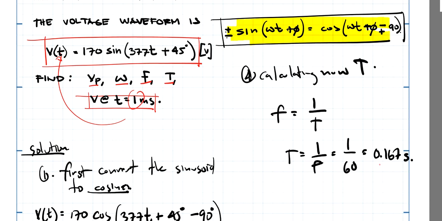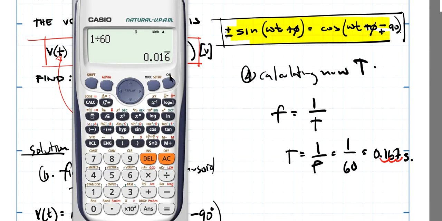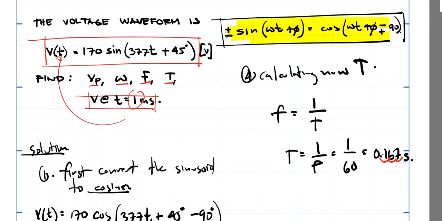If we move the decimal 3 places to the right, 1, 2, and 3, that's going to be 16.7. So T is equal to 16.7 milliseconds.